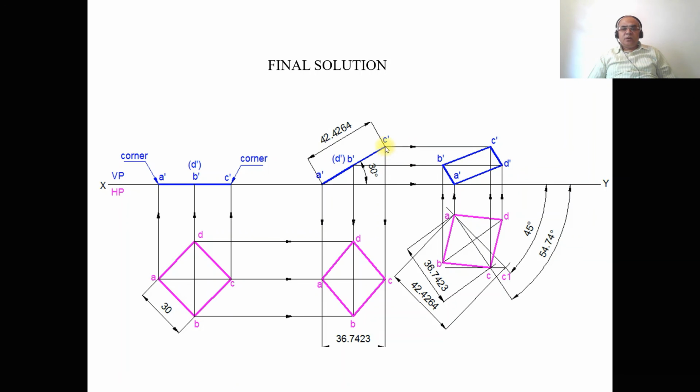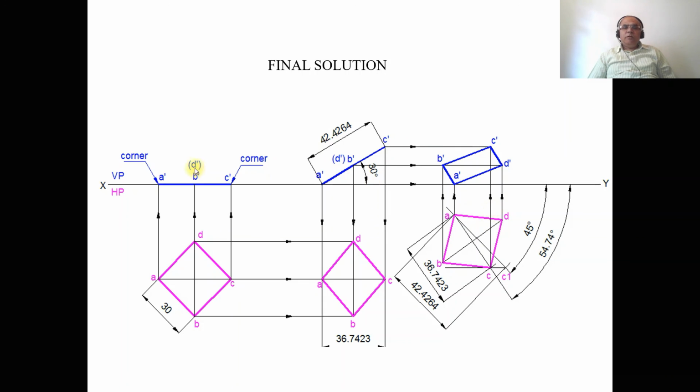Then draw a horizontal projector from C dash and a vertical projector from C. Both these two lines will intersect at this point. You mark this point as C dash. Then join A dash to B dash, B dash to C dash, C dash to D dash, and D dash to A dash with a dotted line.